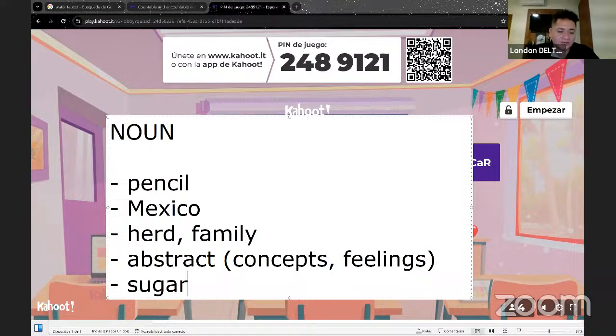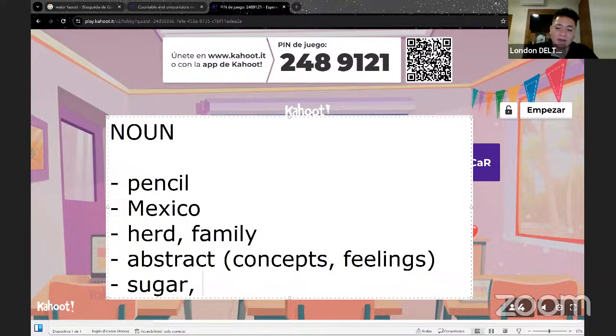Realmente el azúcar, si la ves, pues son granitos, pequeños granitos, pero no los puedes contar. So, I mean, you are not counting grain by grain, no se cuenta granito por granito de azúcar, no se cuenta granito por granito de arena, ¿no? We could say that it's difficult to divide it, ¿no? Es difícil, si no imposible de dividir.